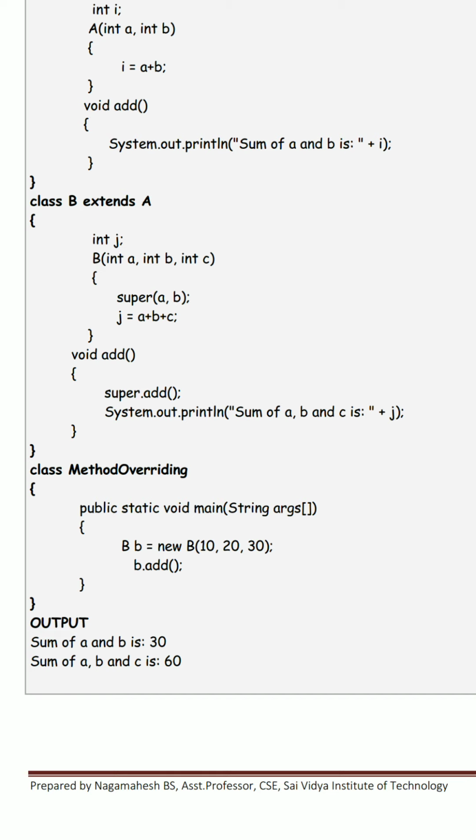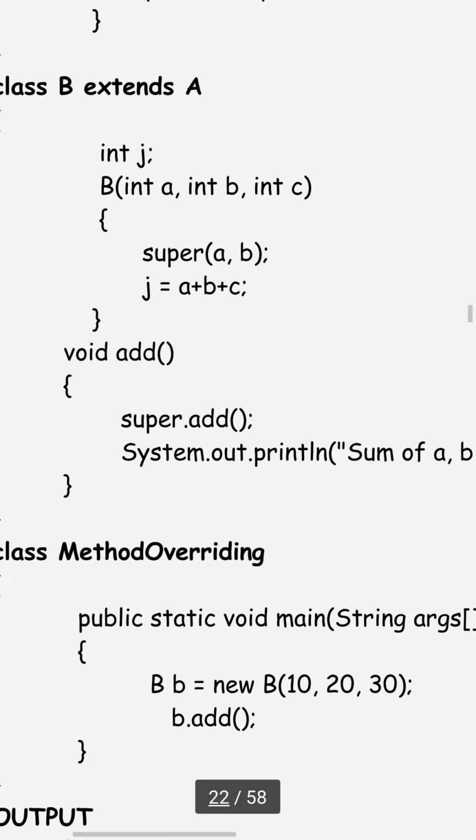The preference goes to the subclass method, so the subclass method is going to execute. It is going to override the superclass method, so b.add is going to invoke the method of the subclass, that is this one, void add.